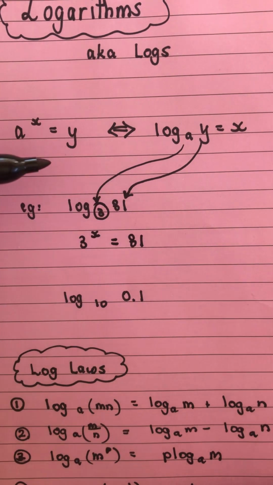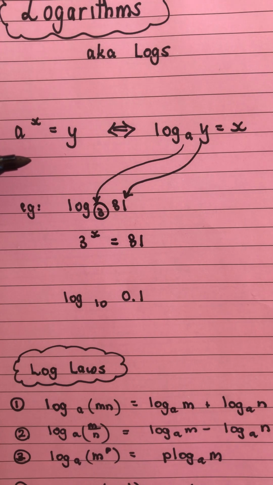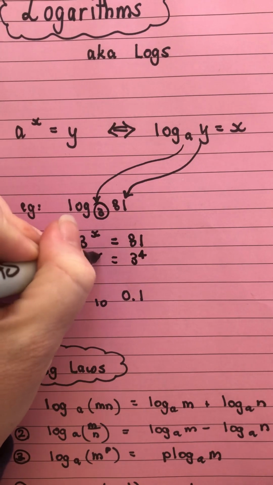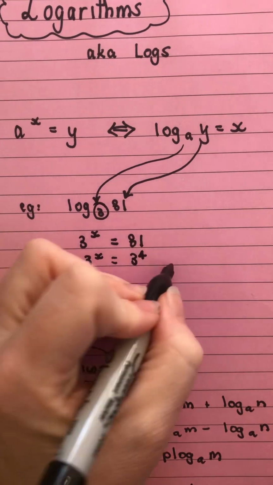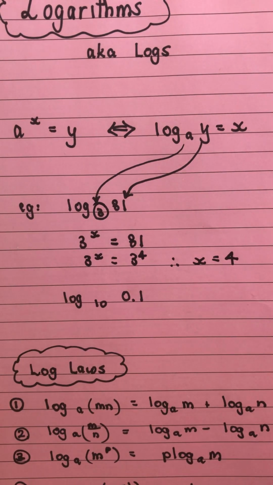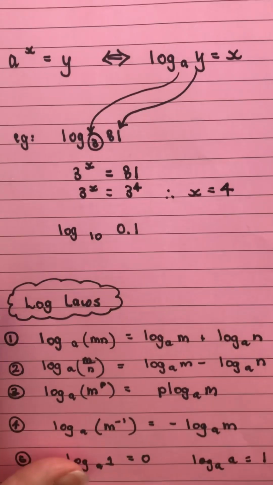Now I know that 3 to the power of 4 is equal to 81. So I can write 3 to the power of 4 there, and then that way I can solve it and say that x must be equal to 4. So it's a way to be able to change it and then solve for the x.